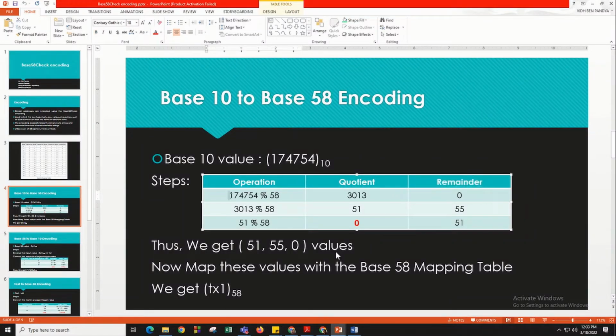Whenever you perform the modulo on the input value, you get this quotient 3013 and the remainder. Then you need to apply the modulo operator on the quotient again, until the quotient becomes 0. Are you understanding the steps?